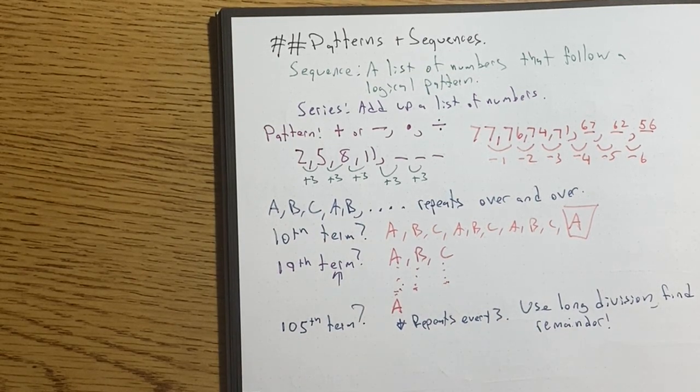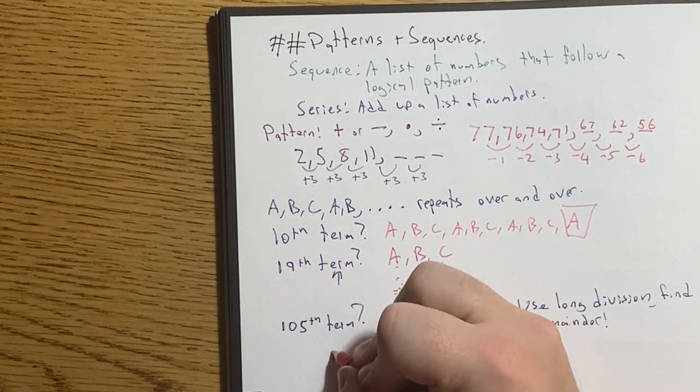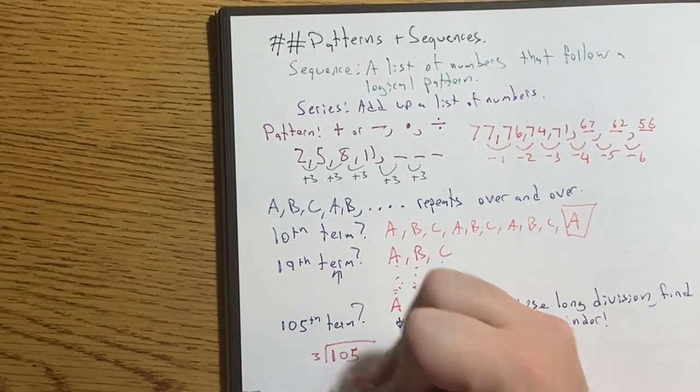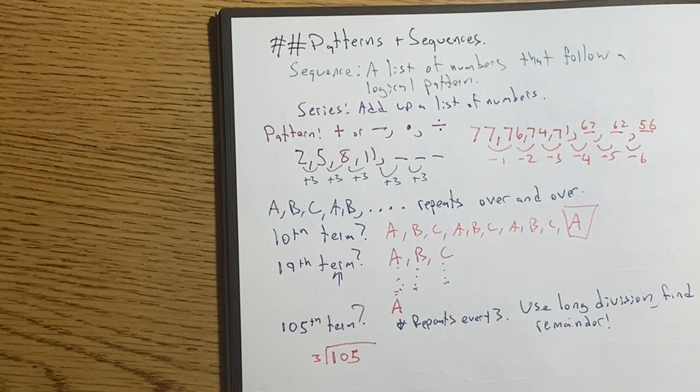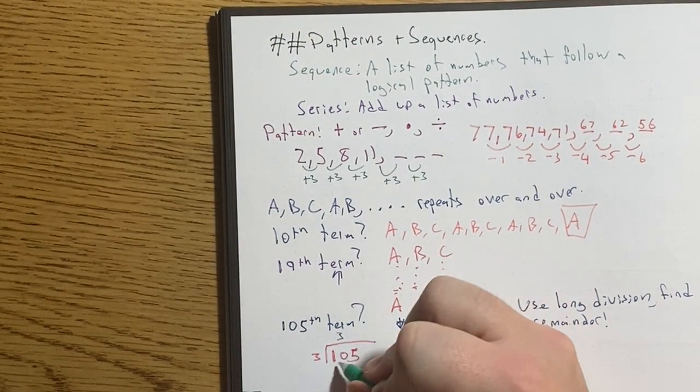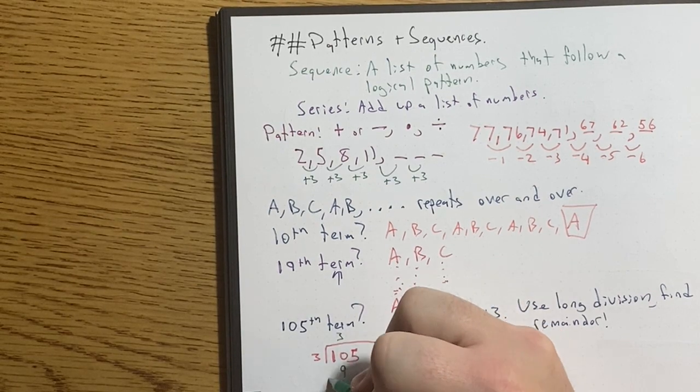So to find the 105th term, we're going to use long division. 3 goes into 10 three times. 3 times 3 is 9.